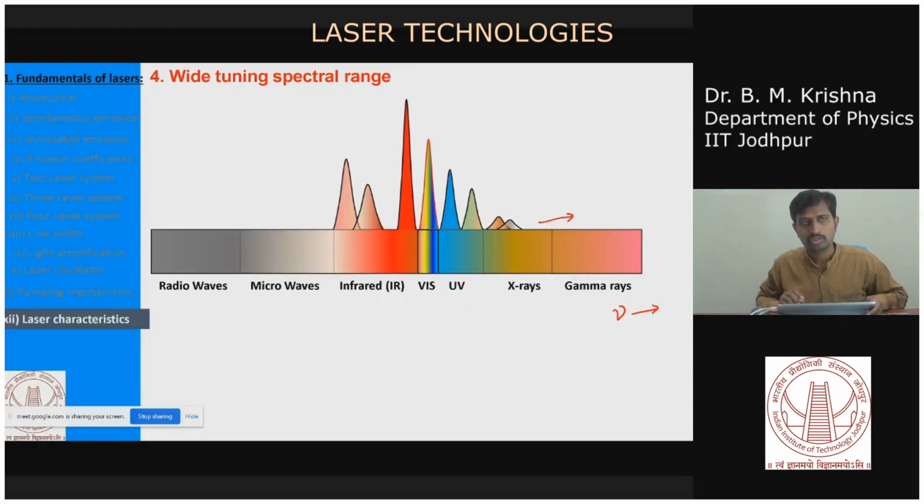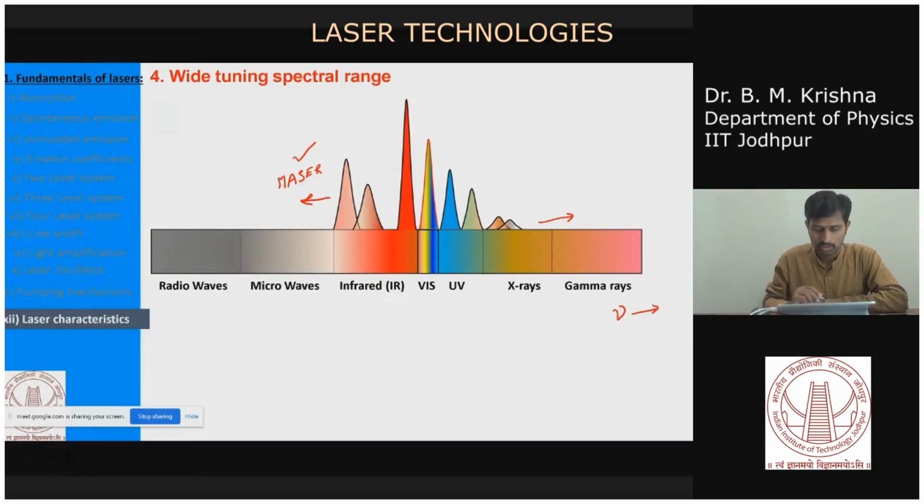We are still able to generate X-rays using lasers. So this direction is already covered. So we have the maser. The maser is the first device which used stimulated emission of radiation.